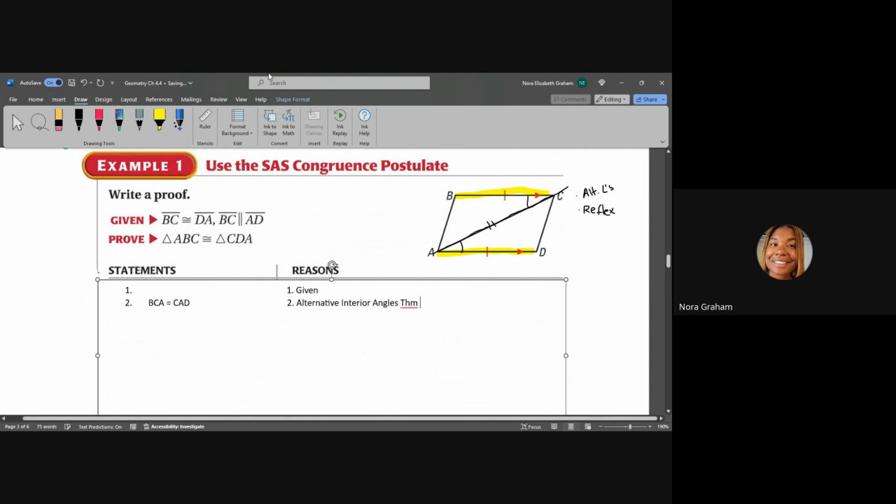All right. I'm sorry, let me put those little annotations in there because these are angles.